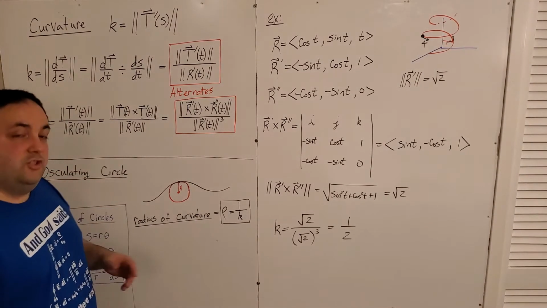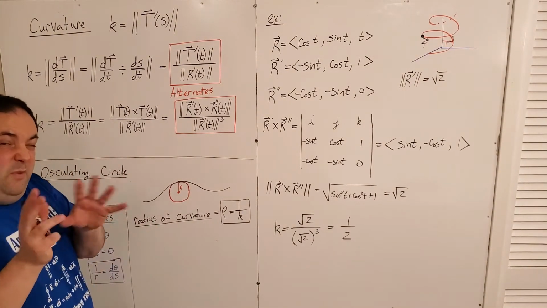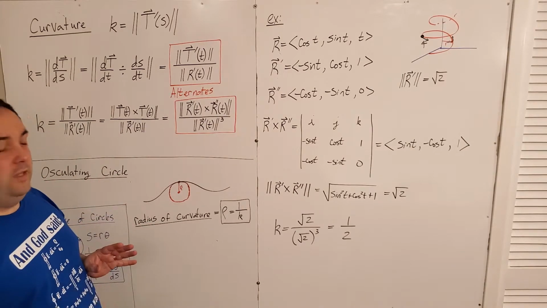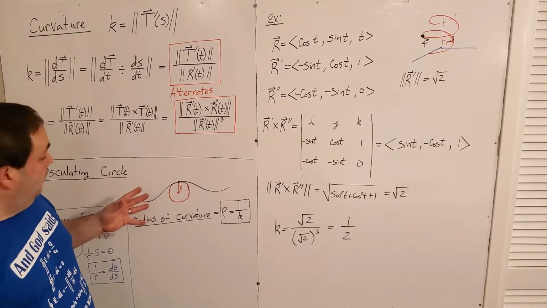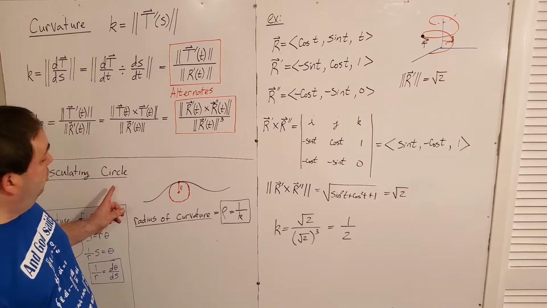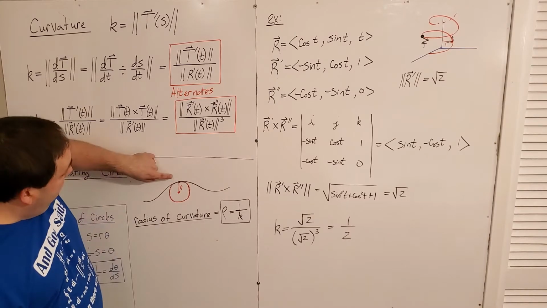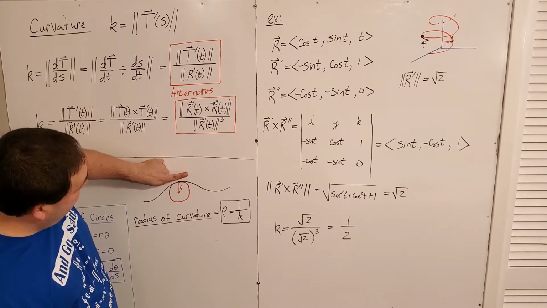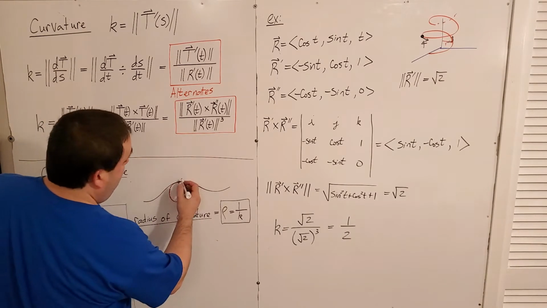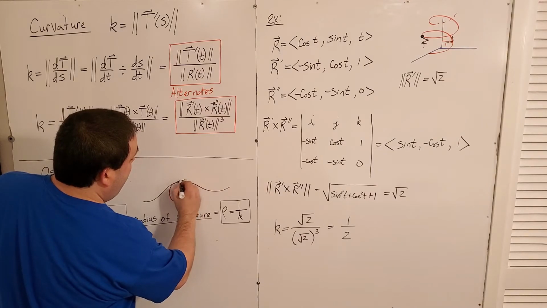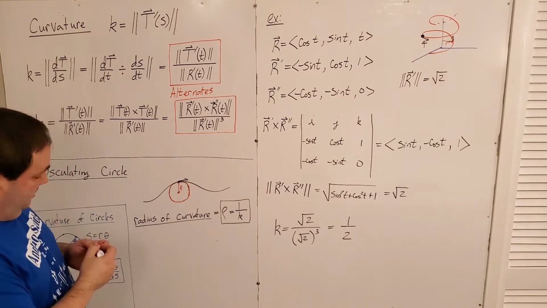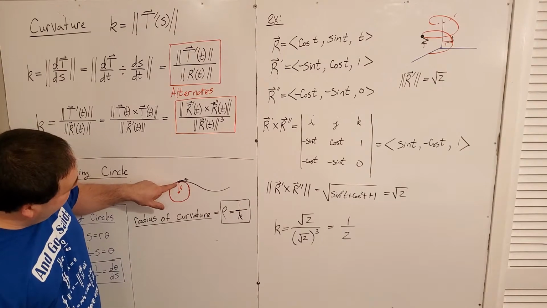So if there was such a thing as a tangent circle, if you will, hand waving there, this would be it, okay? The osculating circle is the circle that perfectly fits where the tangent vector of the curve is the same for that one point on itself and the circle, right?